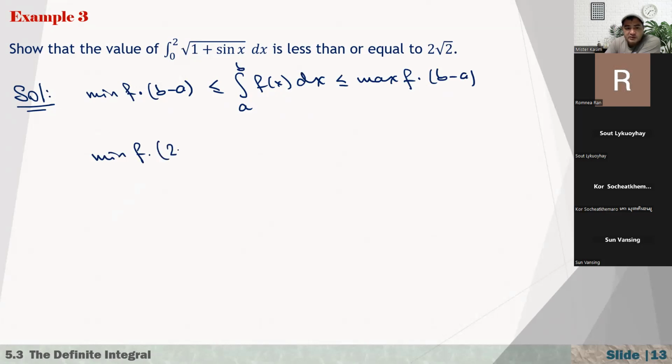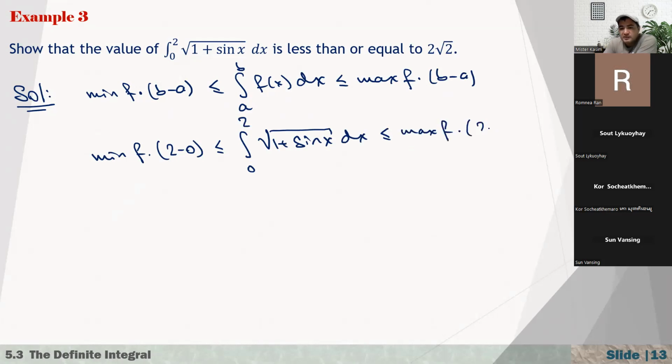What is b minus a? It is 2 minus 0. So, less than or equal to the integral from 0 to 2 of the square root of 1 plus sine of x dx, less than or equal to the maximum value of f times 2 minus 0. So now what is the minimum value of f?